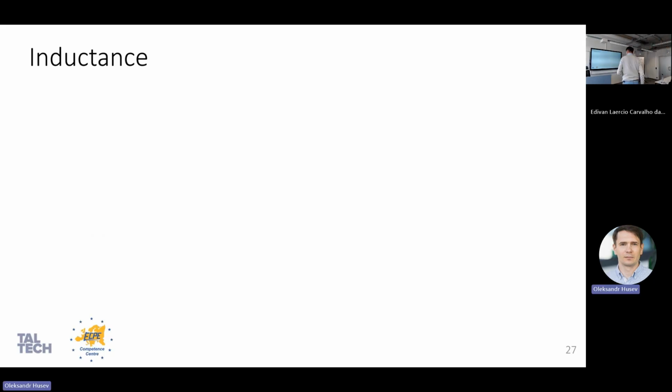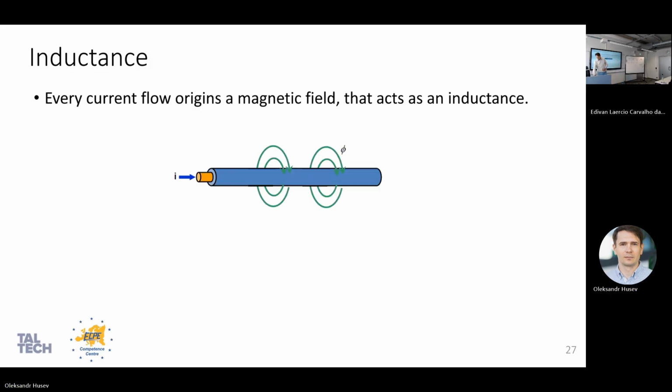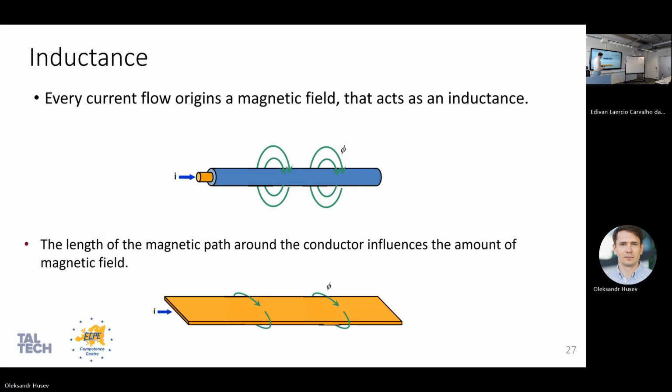Now we will come back to inductance in your PCB. Here is a nice illustration of what I tried to do several minutes before, right? Every current flow originates a magnetic field that acts as an inductance. It's clear, right? But what do you think? The length of the magnetic path around the conductor influences the amount of magnetic field.